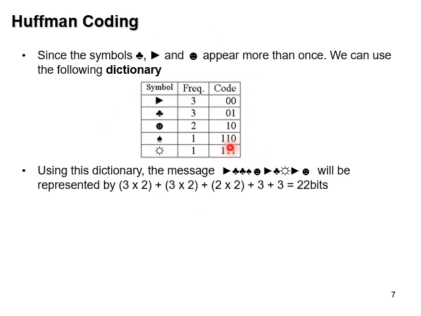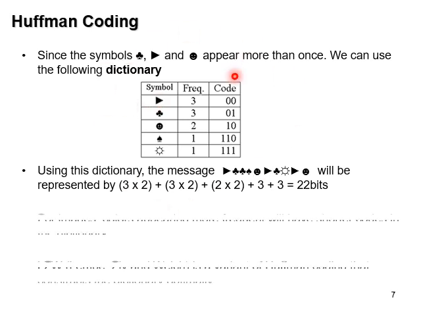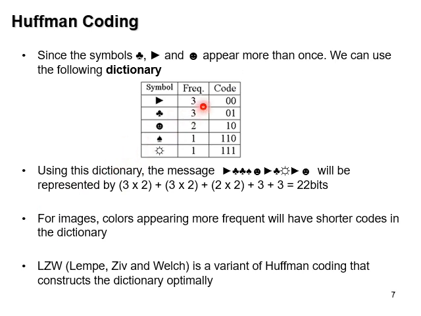How? By doing this idea that those symbols that appear more frequently, we give them shorter codes than those that appear less frequently. So Huffman coding is about obtaining this. Now this was only about text. How about images?